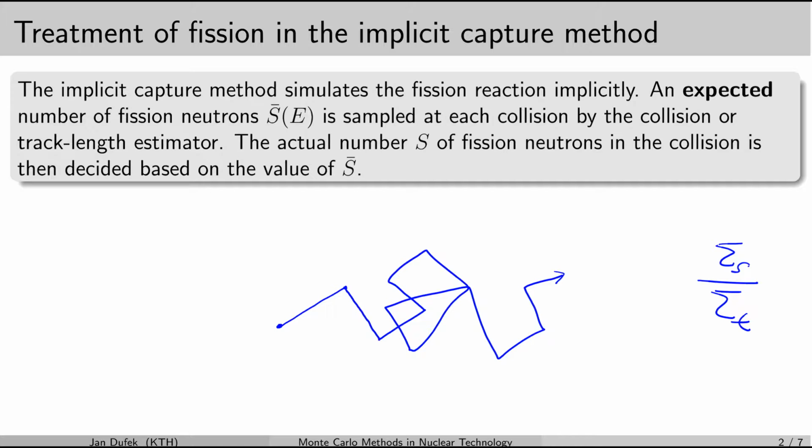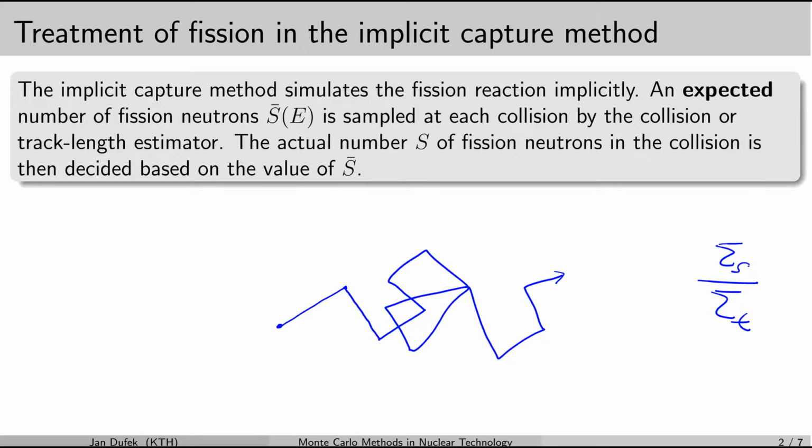Now you may wonder, if we only simulate the scattering reaction during the whole neutron history, how do we actually sample the new fission neutrons? We need to sample new fission neutrons in a fissile system. For instance, in criticality calculation we need to generate new fission neutrons in order to have the fission source for the next criticality cycle. The solution to this problem is actually very simple.